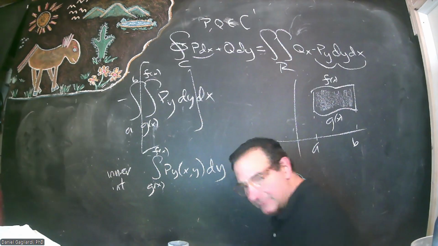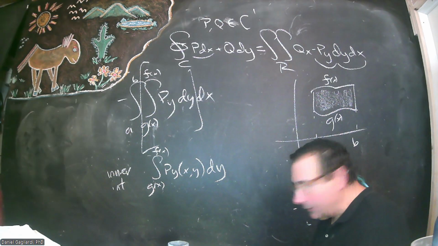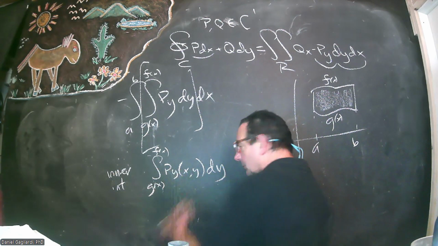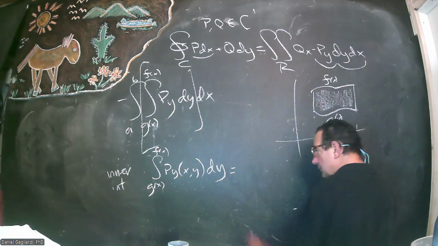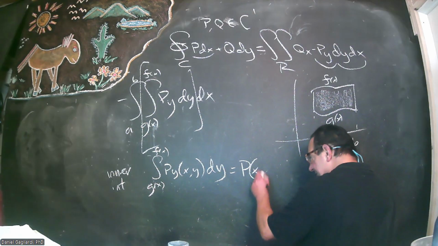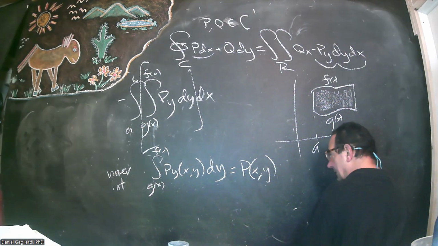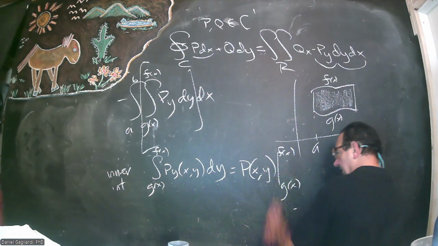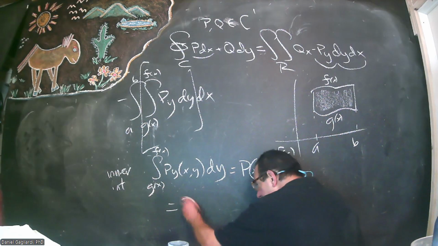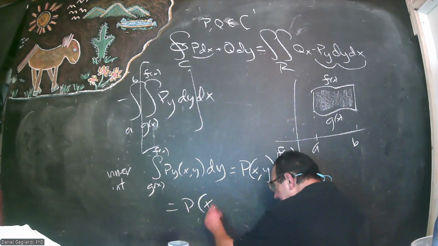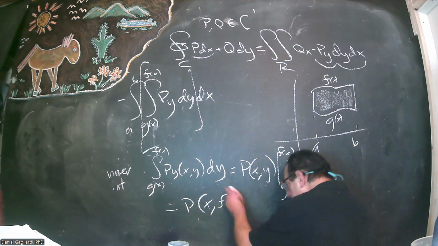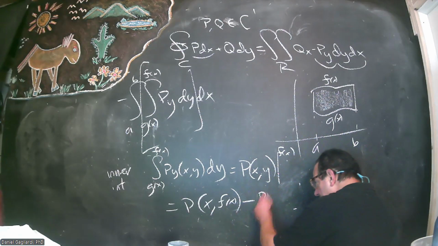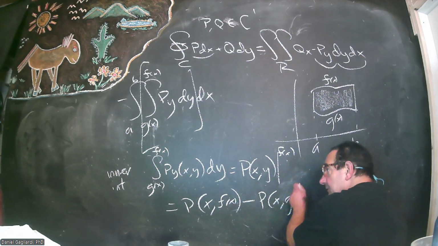Well, that can be evaluated by the old-fashioned fundamental theorem of calculus. The y integral of the y derivative just gives you the function P of x and y, no more Py, where y travels between g of x and f of x. Thus, again by the fundamental theorem, we have P of x, f of x, so y gets the top value, minus P of x, g of x.